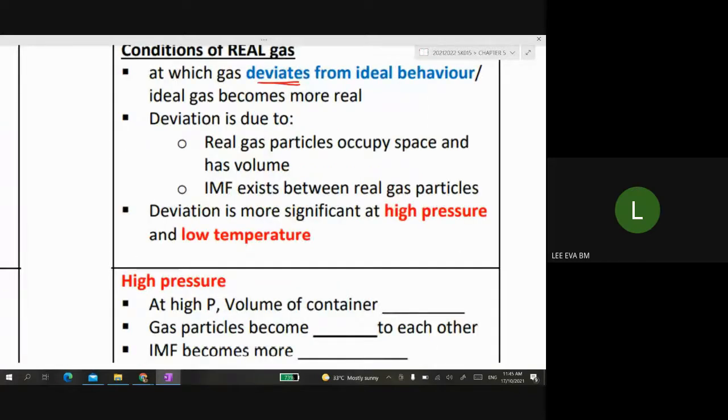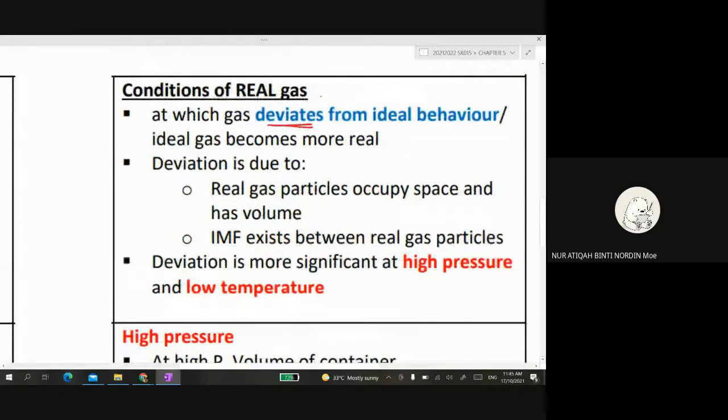Menyimpang. Maybe your friends can understand. Deviate means, in Malay, terlepas landasan. We say it is away from ideal behavior, further away from ideal. Or in other words, we can say this gas becomes more real, more non-ideal.